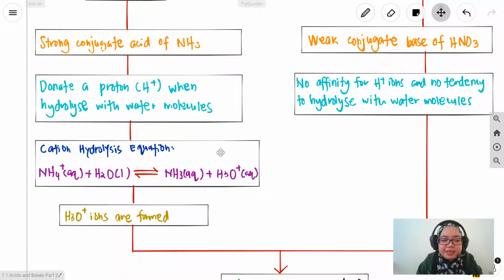If you look at the cation hydrolysis equation, the NH4+ ion reacts with water to form NH3 and hydronium ion. NH4+ acts as a Bronsted-Lowry acid by donating a proton to the water to form a hydronium ion. So now hydronium ions are formed.